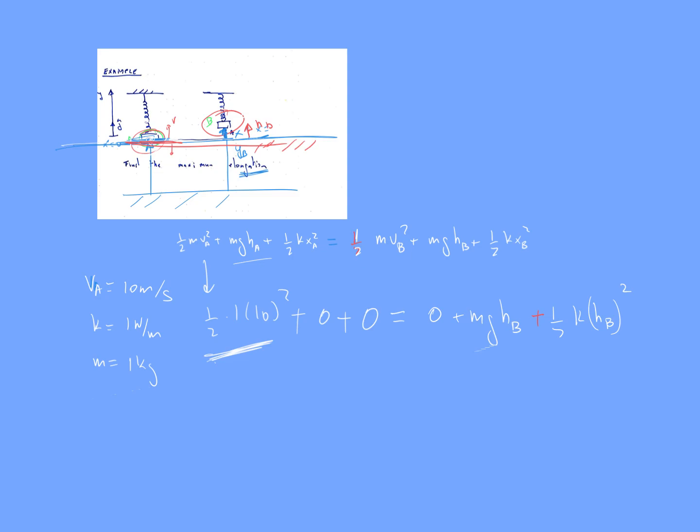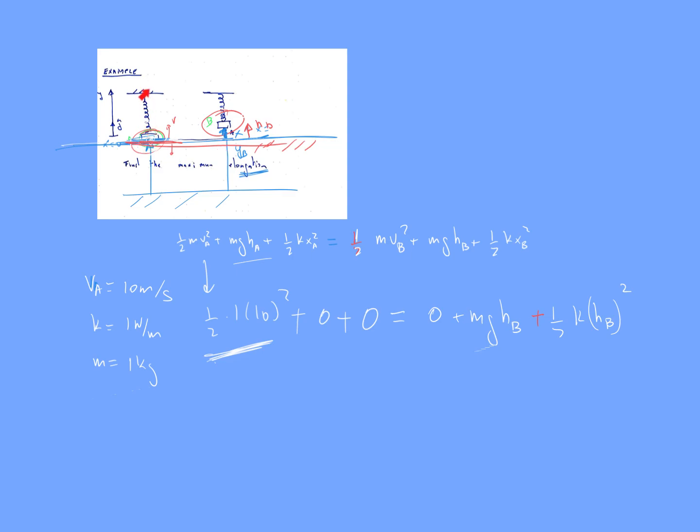So in this problem, the total energy at the point A is kinetic energy. Potential energy is 0 because I have chosen the floor to be here. Elastic potential energy is 0 because there is no compression of the spring.